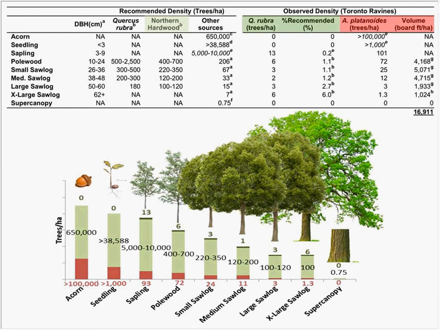This is kind of the main figure box. So the bottom, the number of stems, right? This light color is the amount of stems that's recommended by the Silvicultural Guideline, and I used the northern hardwood forest type instead of the oak forest.